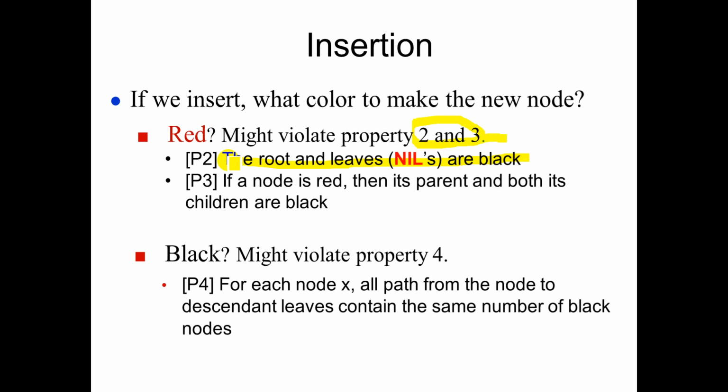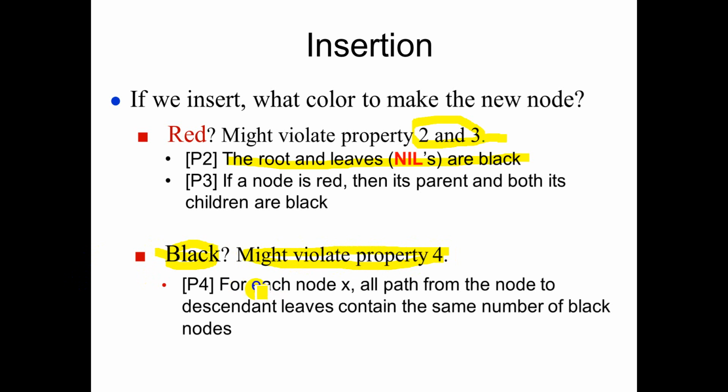Okay. So now we can see if we make it black. If we set the color of a new node black, then you can see that it may violate property 4. How?